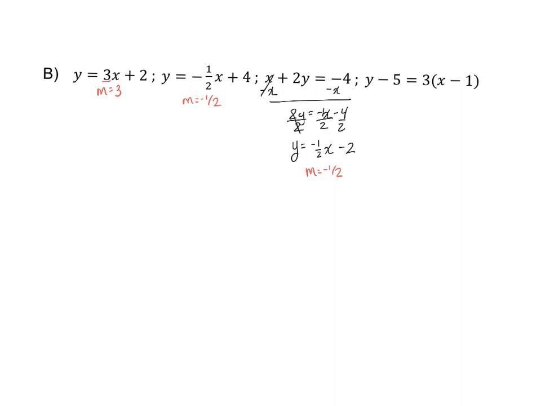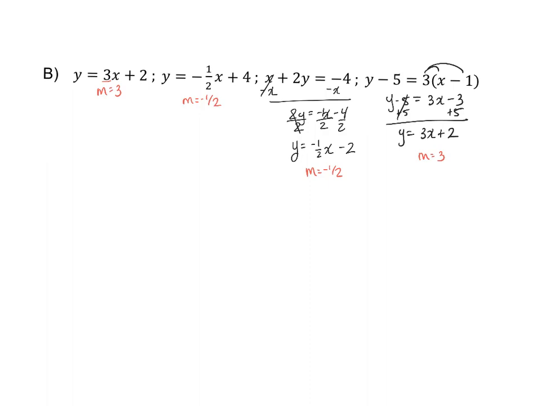And my last equation's in point slope form, so to get that to slope intercept first we distribute. That would become 3x minus 3. Then we add 5 to both sides, but you can only add and subtract like terms, so I'm not doing it to everything. So then I get y equals 3x plus 2, so my m is 3.